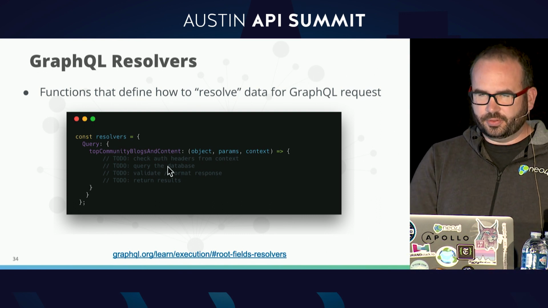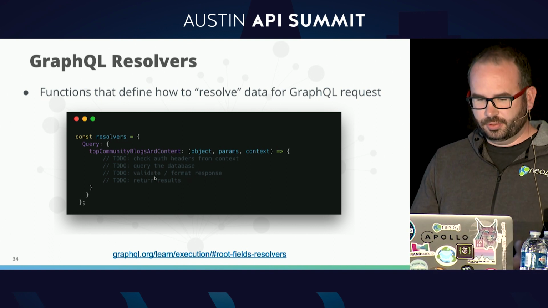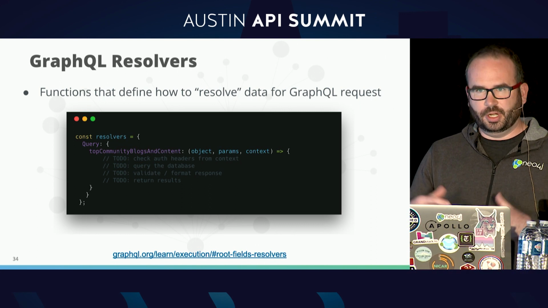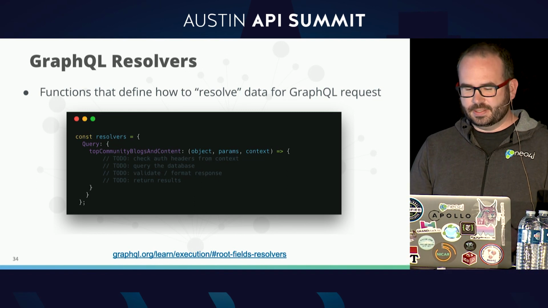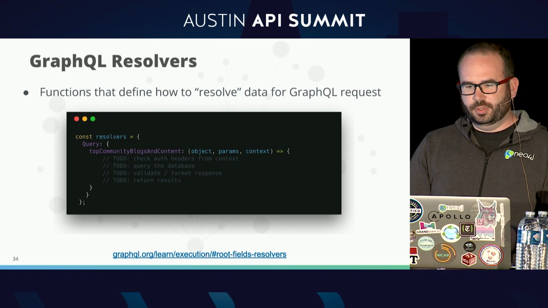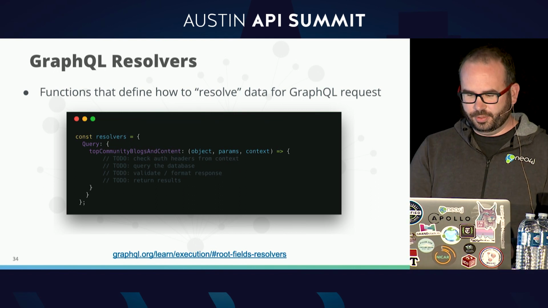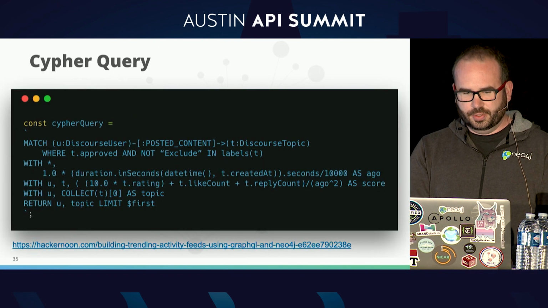And inside the resolver, we do things like maybe make sure that this is an authenticated request, query the database with a database query or with an ORM, validate that the format that we get back is in the right format. Maybe we massage the result a little bit into the format we're expecting to return. These are the kind of things we would do in a resolver.